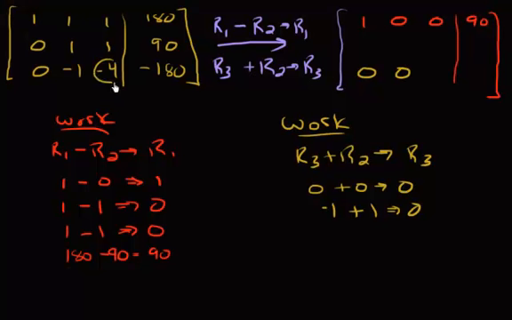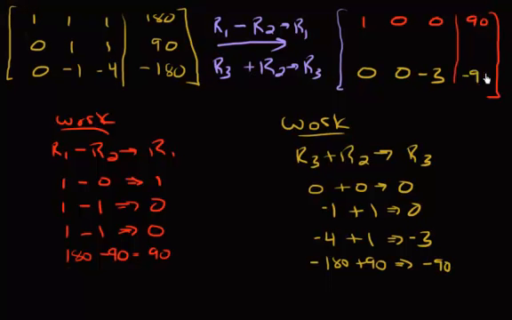And then we'll get negative 4 plus 1. That's negative 3. And then we'll get negative 180 plus 90, which is negative 90. And there we go. Let's go ahead and put back in row 2 since we didn't have to change anything.